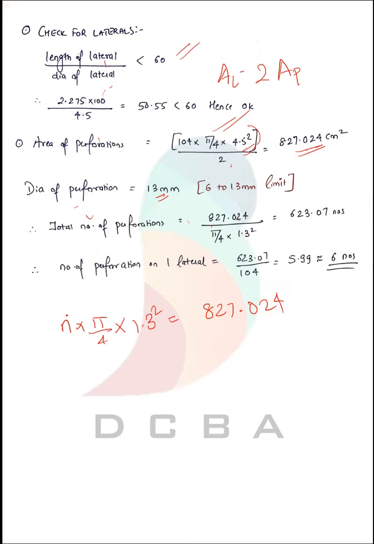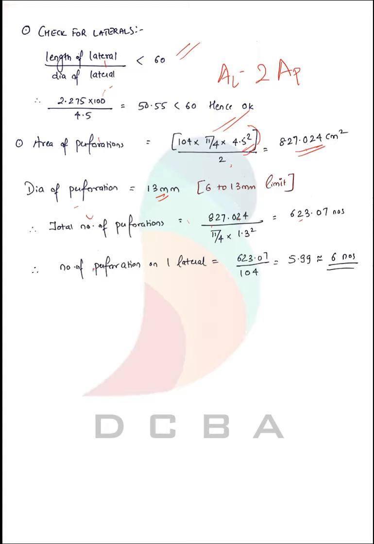So we are finding the total number of perforations on all the laterals. It is 623.07, we can round it up to like 624 also.